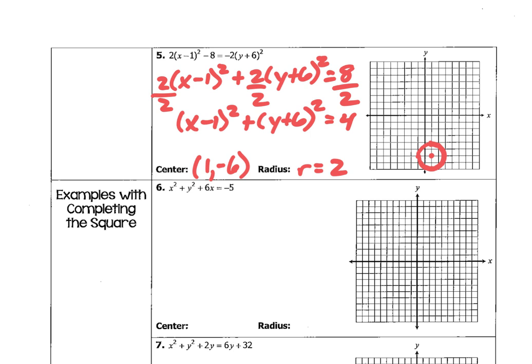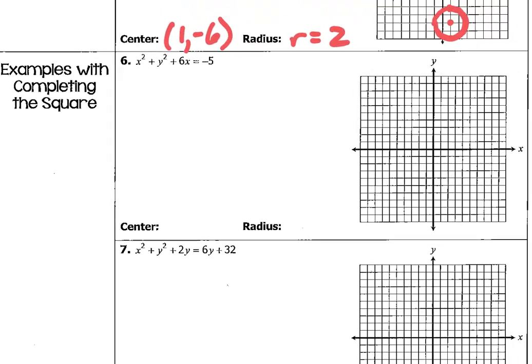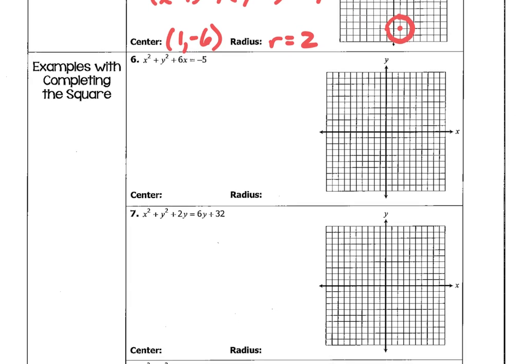But this one, we've talked about completing the square before, but it's been a while. It goes all the way back to the quadratic chapter. So it's been a couple of months since we've talked about completing the square. It was one of the methods that we used to solve quadratics. We did graphing, we did factoring, we did the quadratic formula.